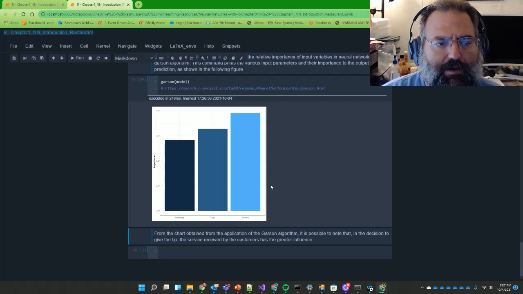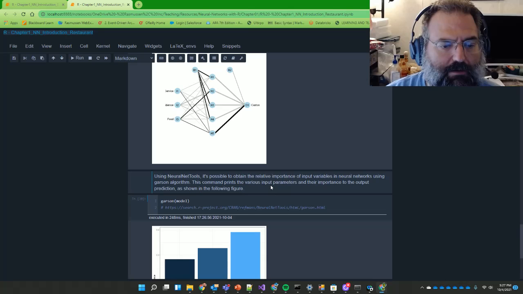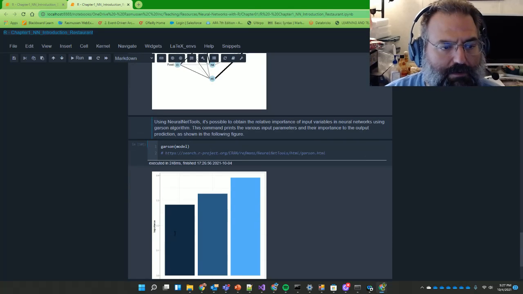In this case we can see that service is the thing that contributes the most to the outcome, followed by food, then followed by ambience. So kind of an interesting thing. The Garson might be something worth spending a little time taking a look at, if you're not familiar with it.